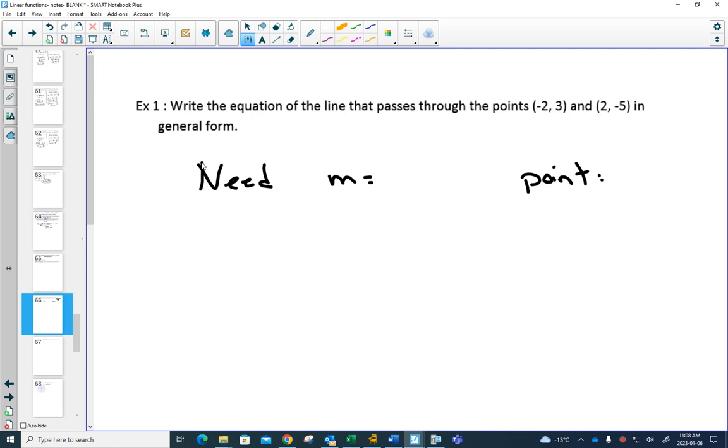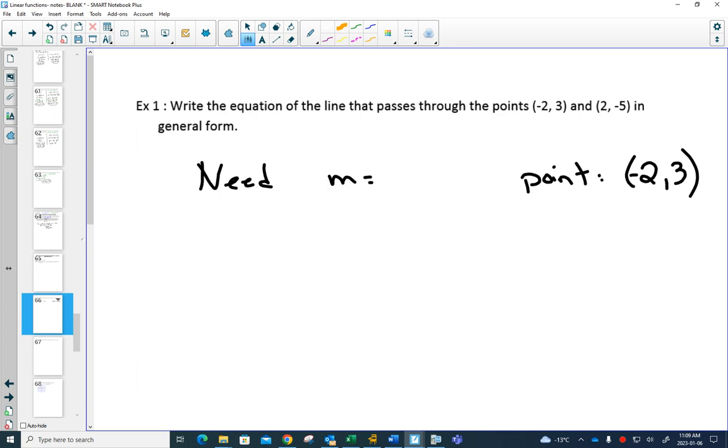So when using the point part and you have 2 points, it doesn't matter which one you choose. You can look at them and say which one you like better, or you can just choose the first one because you always choose the first one. It doesn't matter. So I could put -2, 3 or 2, -5. It doesn't matter which one I choose.